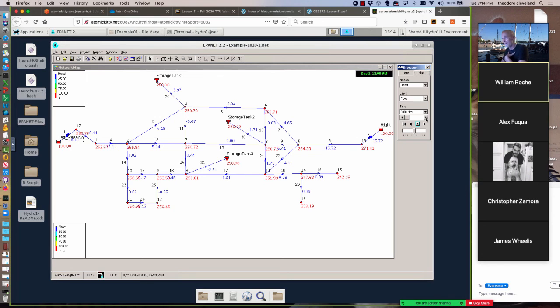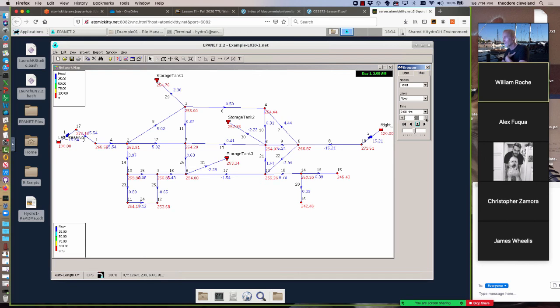So at 0 hours, we have almost 4 cubic feet per second going into the tank. An hour later, we've dropped down to 2.6 cubic feet per second going into the tank, and the head in the tank has increased by 2.86 feet. And if we recall what that storage curve looked like, 2.86 feet at that depth is a fair amount of water in storage.